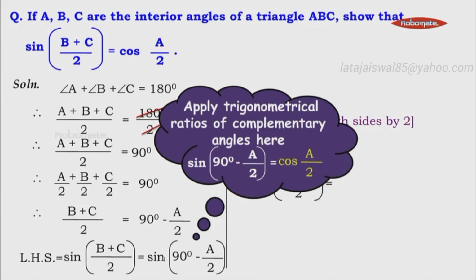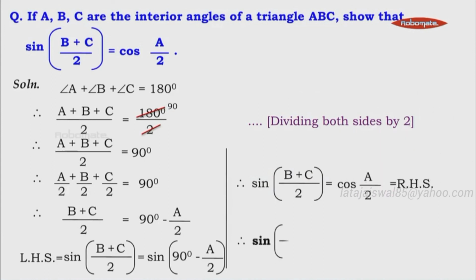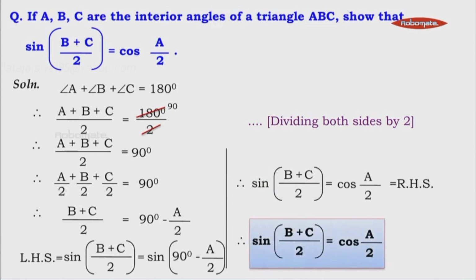That means here it will be cos of A upon 2. And we substitute that value here. And you know now that cos of A upon 2 is nothing but the RHS. That means we have proved the left hand side equal to the right hand side. That means we get sine of (B plus C) upon 2 is equal to cos of A upon 2. And that is what we were supposed to prove in the sum. Wasn't that easy? A simple and interesting sum.